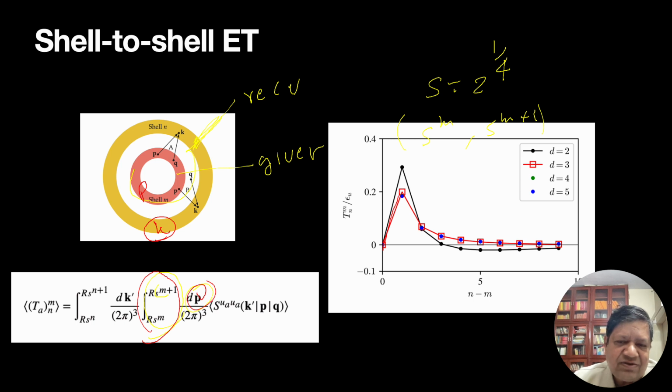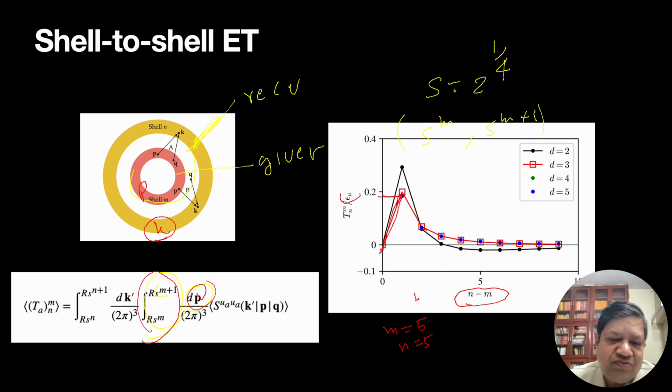So what does it mean? This is n minus m. Let's say m is 5. Then when n is 5, it should be 0, no? I cannot give any money to myself, net money. But when n is 6, it is getting energy, so it's positive. Compared to the total flux, it is 20%.